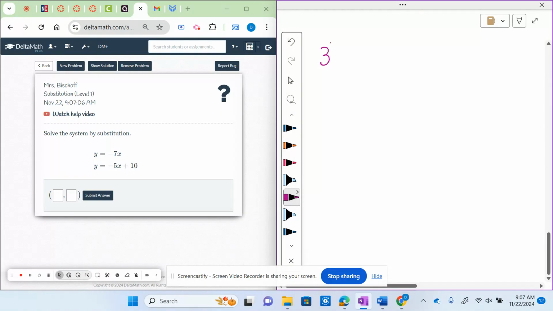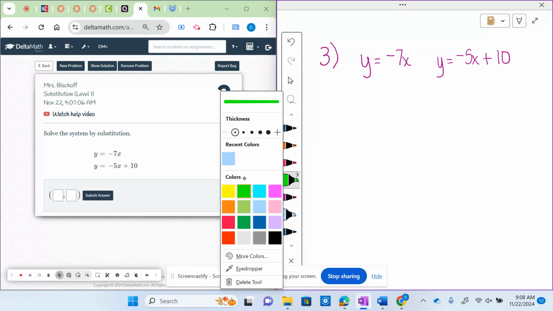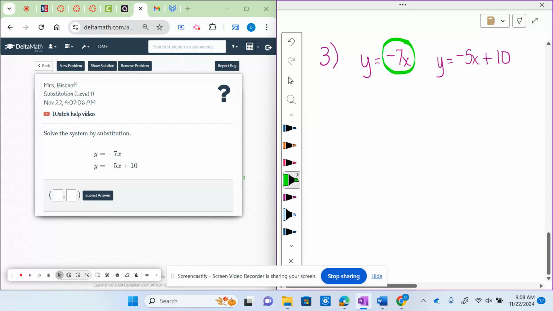So number 3, our question is y equals negative 7x and y equals negative 5x plus 10. Someone who hasn't shared at all, like Tim, what do you want to do? Move the negative 7x where the y is.